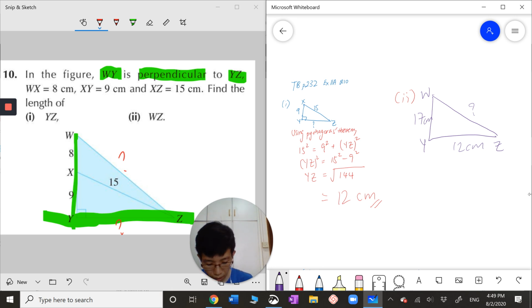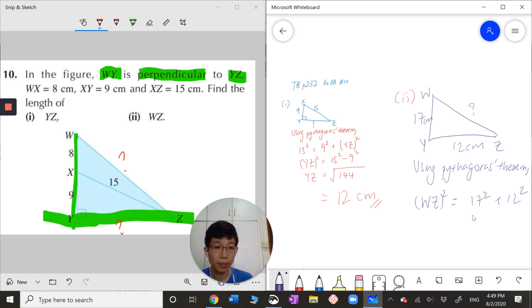The same thing, using Pythagoras theorem, WZ squared equals 17 squared plus 12 squared. This one is the theorem, so we want to see this statement first.